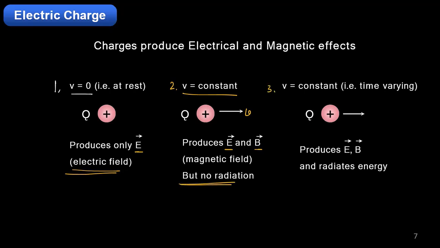And third is that V is not constant, that is time varying. Time varying means the particle is moving with some kind of acceleration. In that situation, it can produce both E and B and also the radiation of energy. So this is the basic understanding about charge, and accordingly there are three segments of the chapter. We are inside this first topic, that is electrostatics.